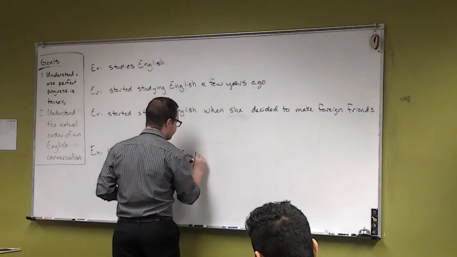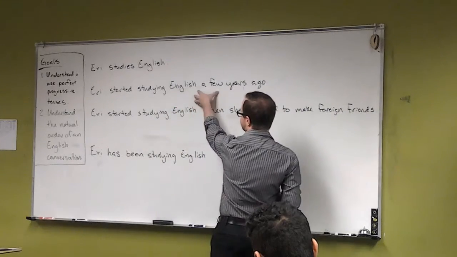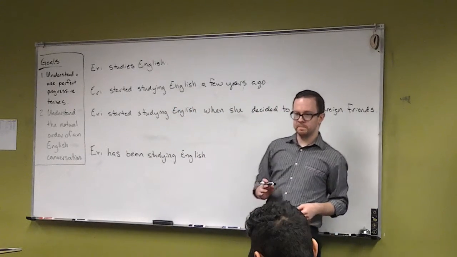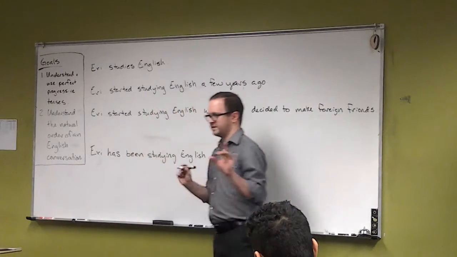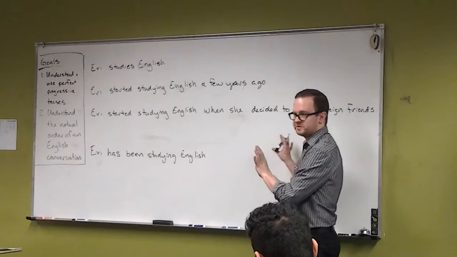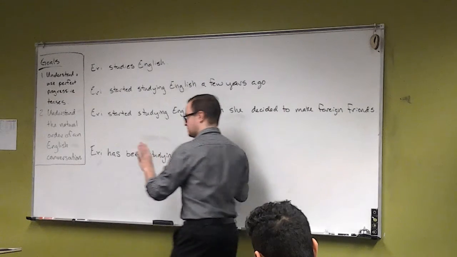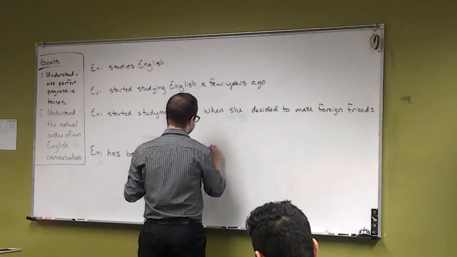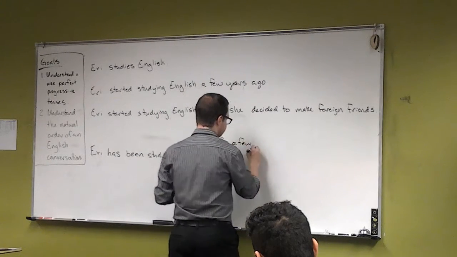Not when. So a few different things. What if we just look at this one? A few years ago. Not before, right? Okay, so Arabic speakers, before isn't part of this grammar. Okay, it's ago. For a few years. She has been studying English for a few years.